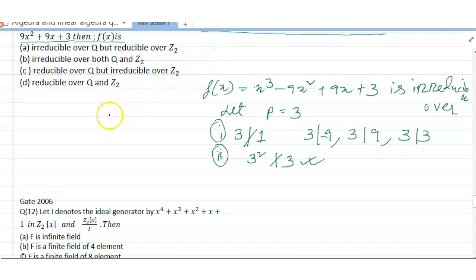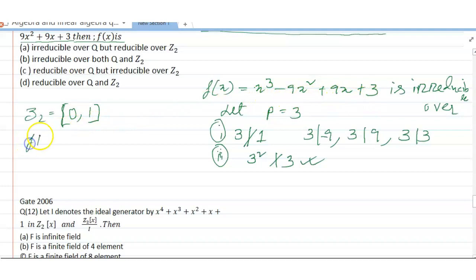After that I have to check Z2, which is equal to 0, 1. Now I put in the values.